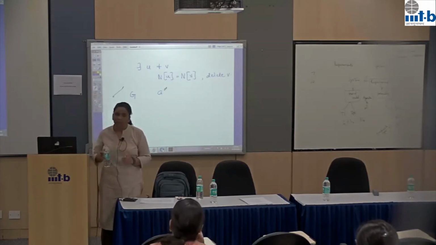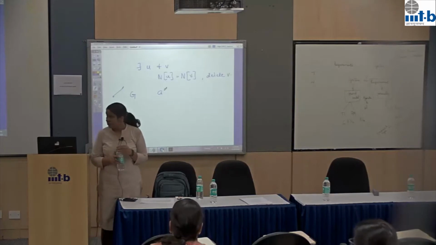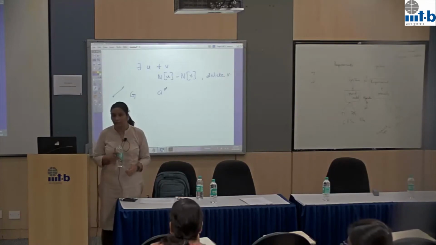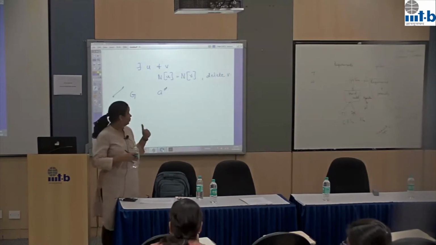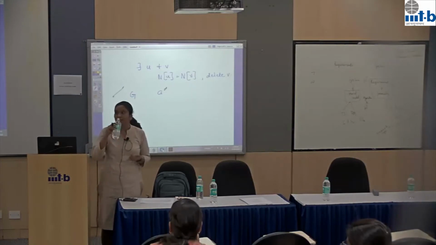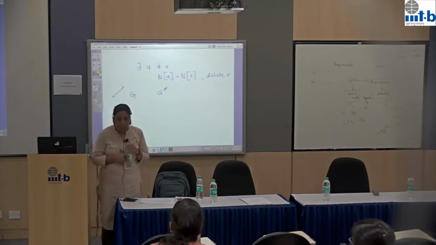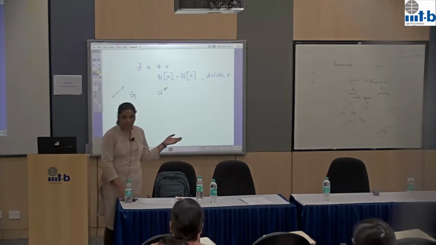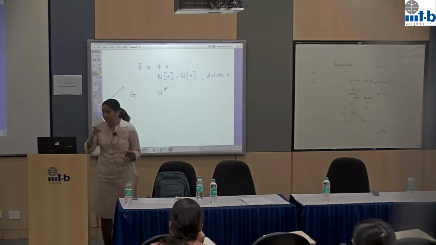What about the other direction? Assume G prime has a k clique cover. Then how will you prove that G also has a k clique cover? G prime does not contain V, so you have to prove that.